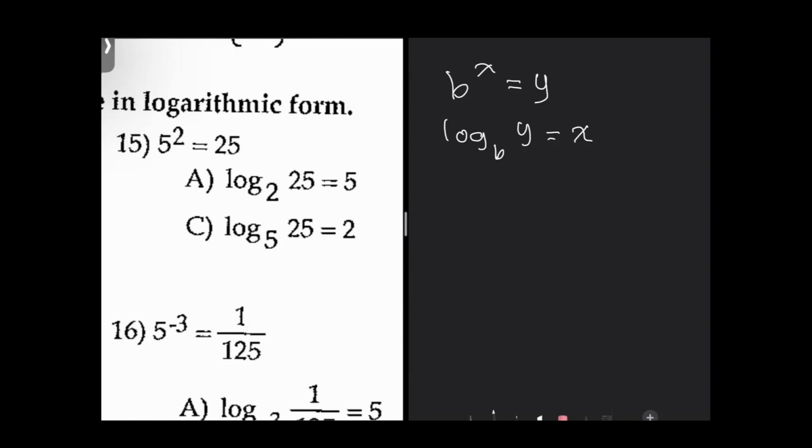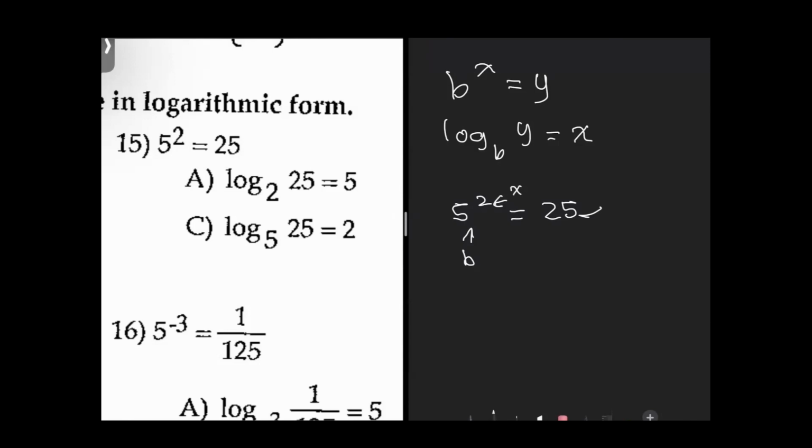So we're given 5 squared equals 25. Well, we know that 5 squared equals 25, but just again the concept of how to convert this into logarithm. So let's identify our numbers with the variables. The 5 will be the b. The 2 would be the x.